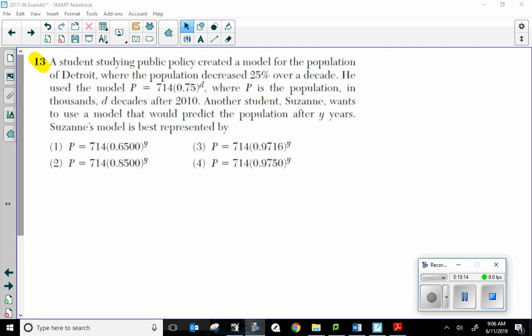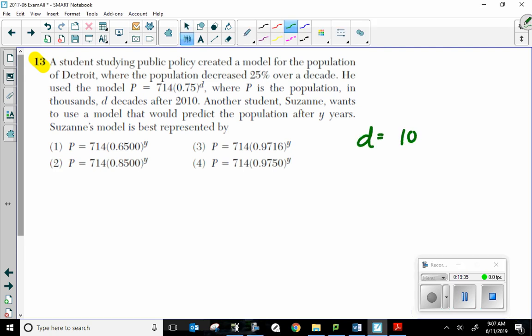He used the model P equals 714 times 0.75 raised to the variable D, where P is population in thousands and D is decades after 2010. Okay, so right now I'm going to make a little note. My exponent D is decades. That's 10 years, right? It is.